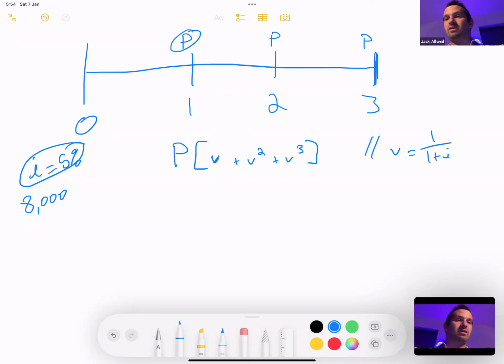This is what we call the discount factor.